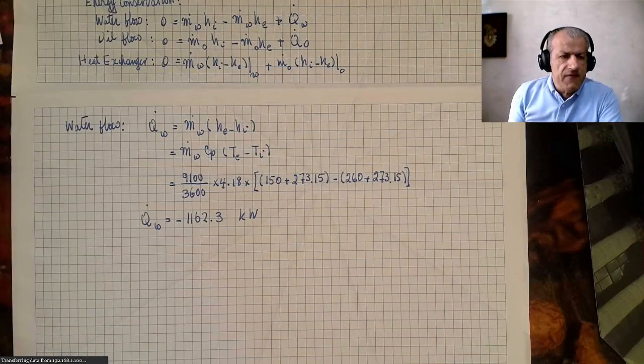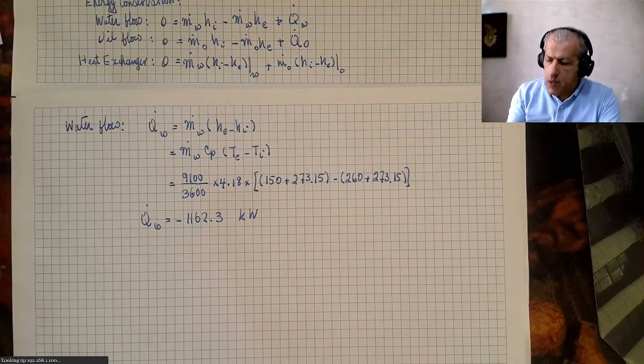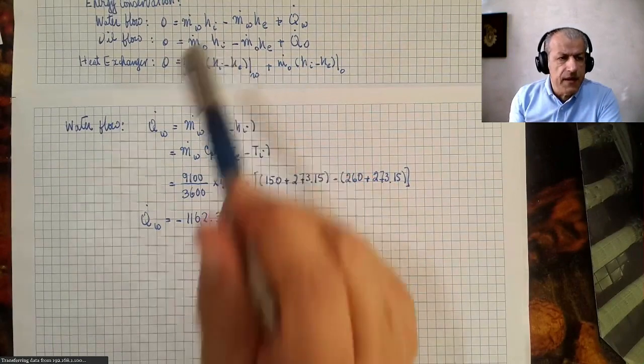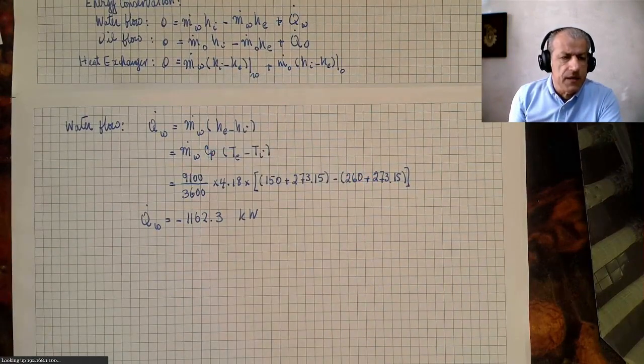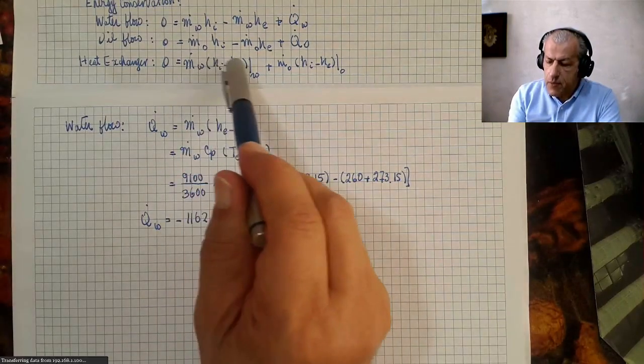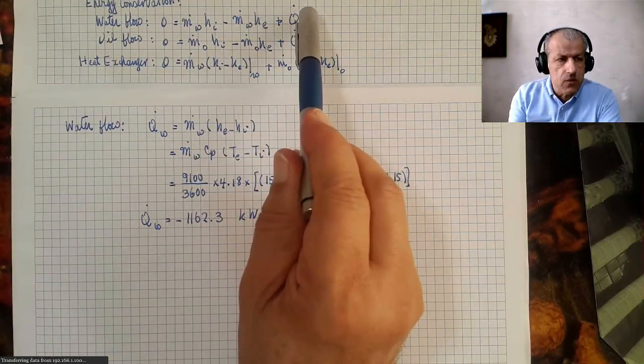Well, once we have calculated the heat transfer water, we may move to the third equation, and in the third equation, we know this term, because this term equals Q dot water.